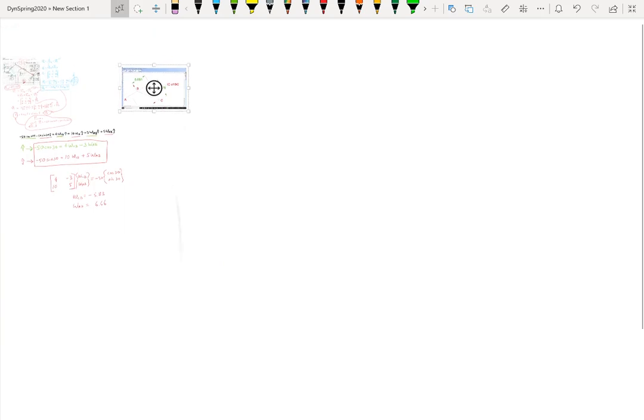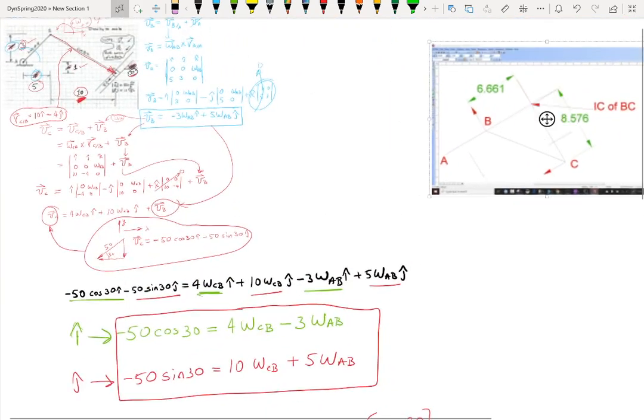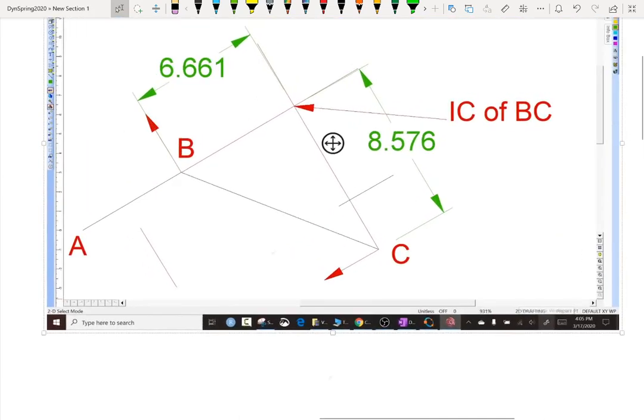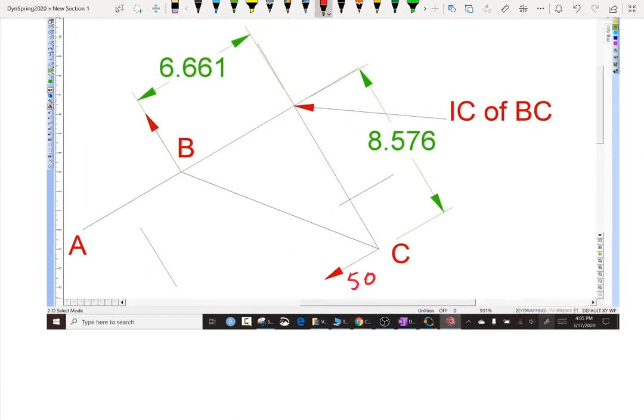Okay, all right, here we go. So this is a value of 50 feet per second. Now we're looking at V equals omega R. That's 50, this is omega BC. The R is 8.576.